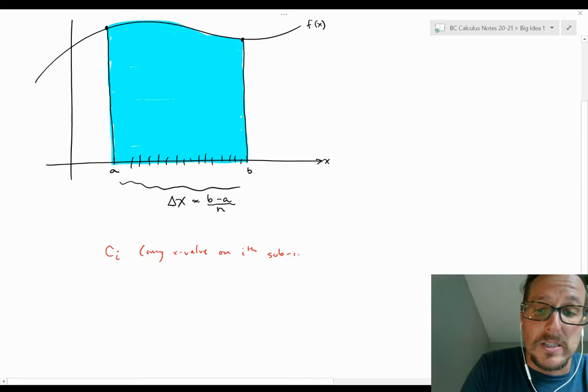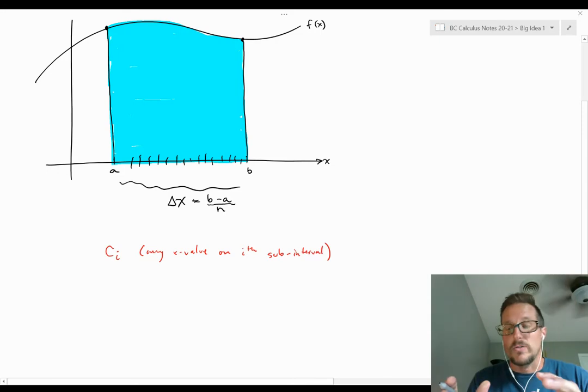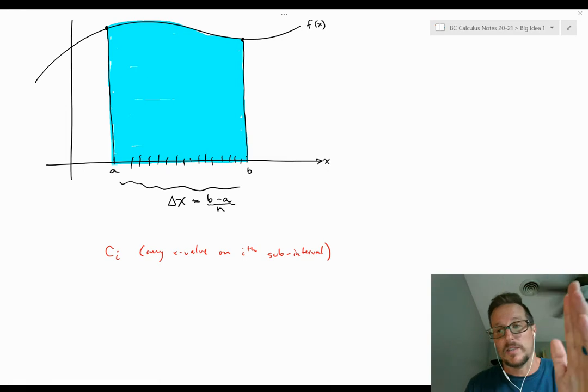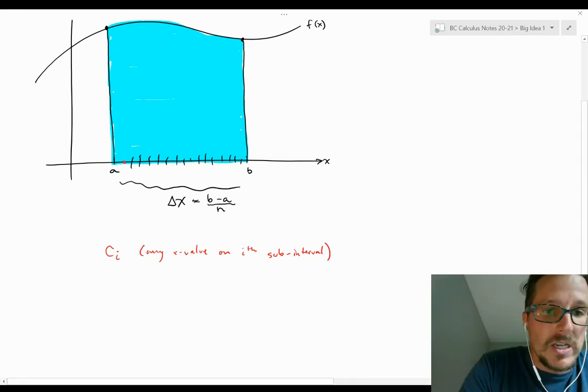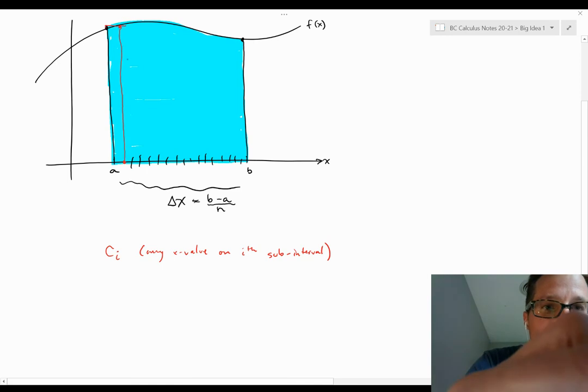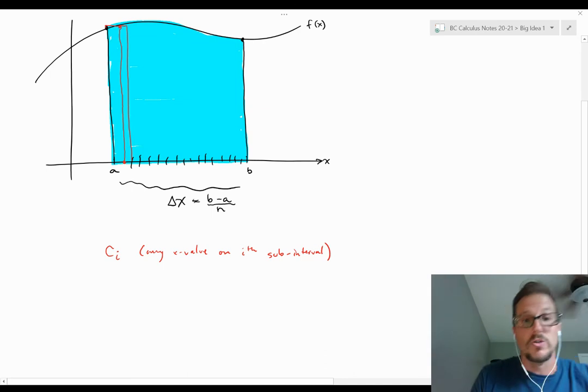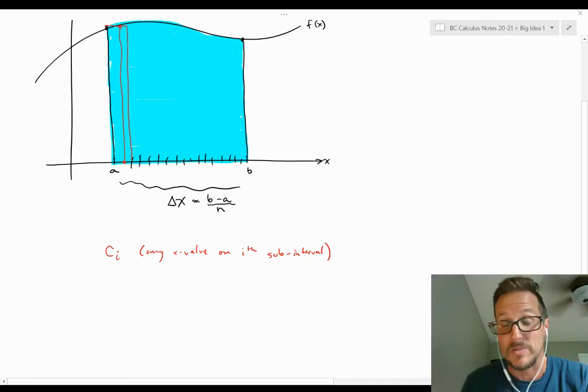So pick a subinterval, there is going to be a c value that we're going to use to get the height of a rectangle. So c is just going to be somewhere in there that we'll use to get a height. We'll apply the function to that c value, get ourselves a rectangle, and then we're going to do that an infinite number of times.